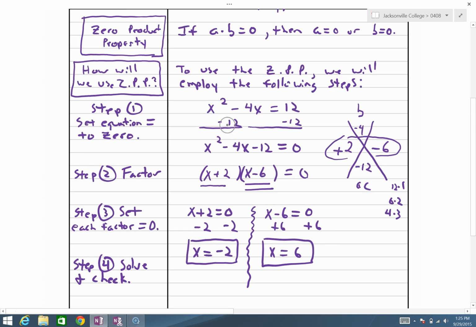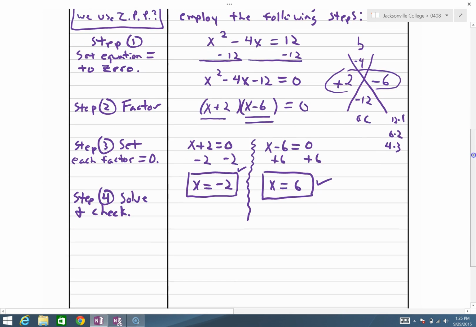Taking 6, 6 squared is 36. 4 times 6 is 24. 36 minus 24 is 12. 6 works. Now negative 2. Negative 2 squared is 4. Negative 4 times negative 2 is 8. 4 plus 8 is 12. Negative 2 works as well.